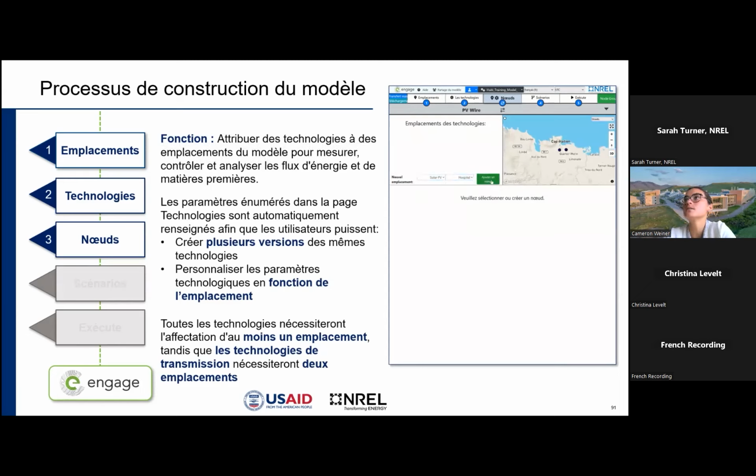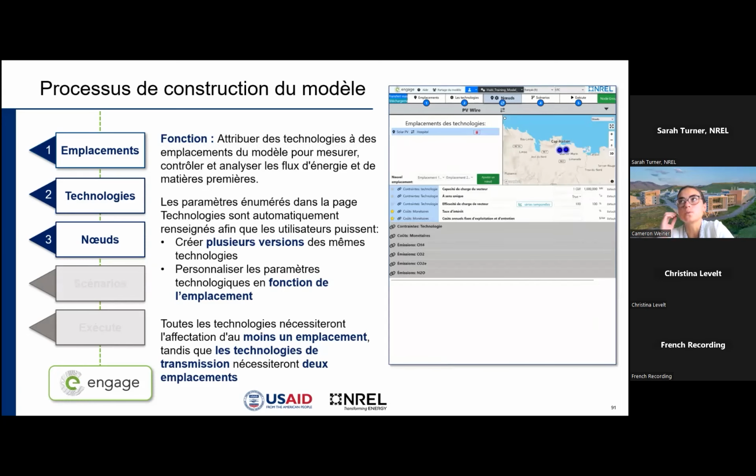And then the second location we've selected, where we want the transmission to be able to transmit electricity from the solar PV to the second location, we've selected that to be the hospital, and then we clicked Add Node. Great.